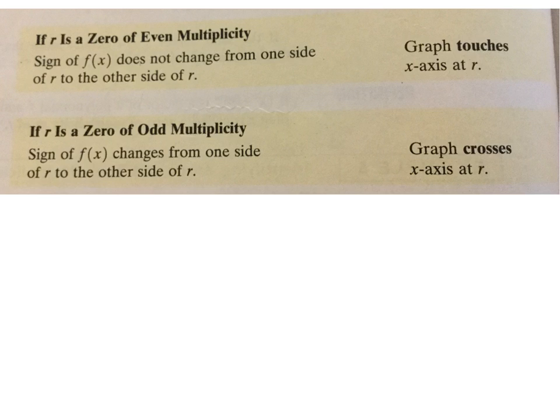And let's say that the multiplicity of r is an even number. So that means the multiplicity is 0, 2, 4, 6, 8, 10, right? Any of those things, anything that's even, that means that our graph is only going to touch the x-axis at R.